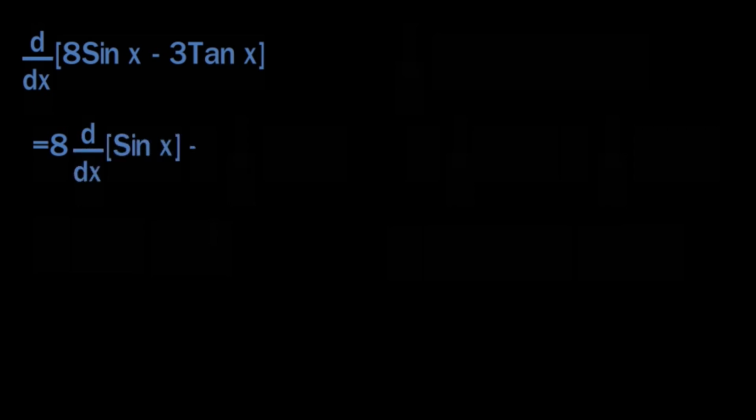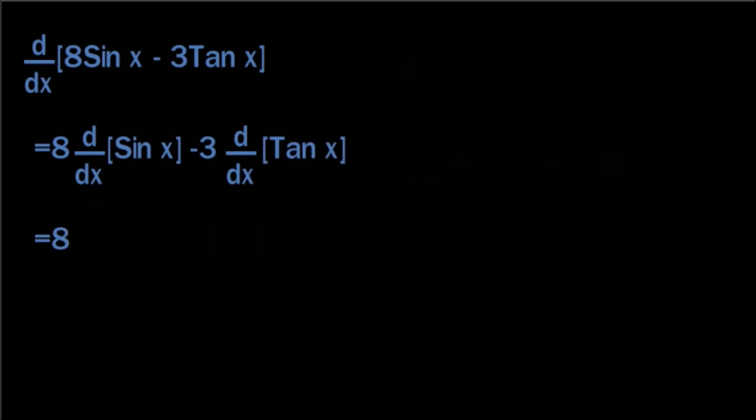Let's say we have the differentiation of 8 sine x minus 3 tangent x. With this, we have 8 times the differentiation of sine x minus 3 times the differentiation of tangent x. When we differentiate sine x, what we get is cosine x.